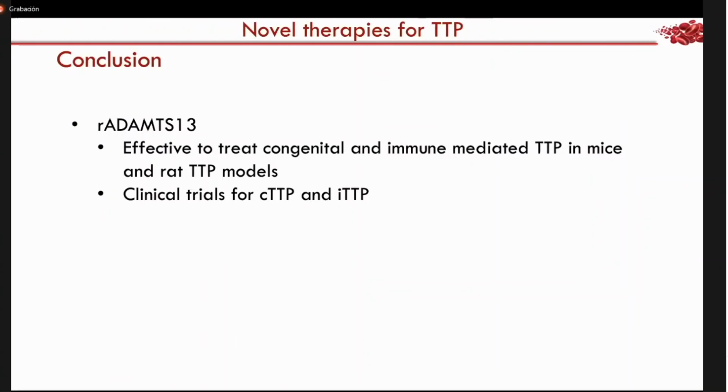So what can we conclude from the novel therapies? Recombinant ADAMTS13 is an effective agent to treat congenital and immune-mediated TTP in mice and rat models. Clinical trials are ongoing for congenital TTP patients and are very successful, and they also started now for patients suffering from immune-mediated TTP.